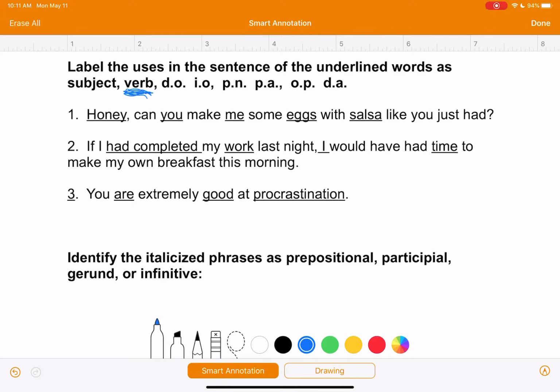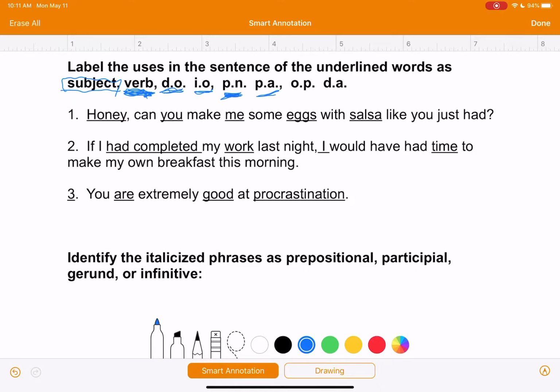So, for example, subjects, two different parts of speech can be a subject, a noun and a pronoun, right? Okay. Verbs obviously can only be, that job is done by verbs. Direct objects could be a noun or a pronoun. Indirect object the same. Predicate nominatives are going to be nouns, or you could have a pronoun predicate nominative.